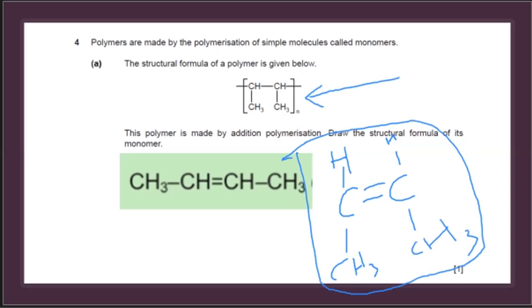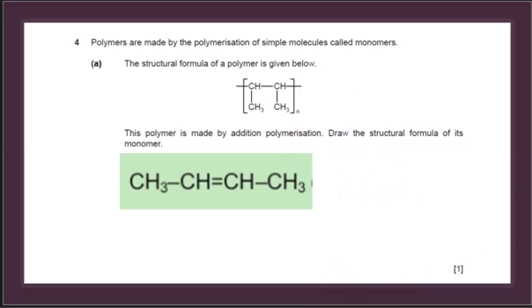Right? When we're dealing with addition polymerization, it means to say a double bond was broken and the unit was repeated. Right? So you could write it out like this, or you could actually draw it out like I drew it out just now to get the actual structure.